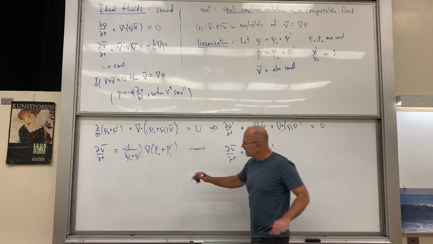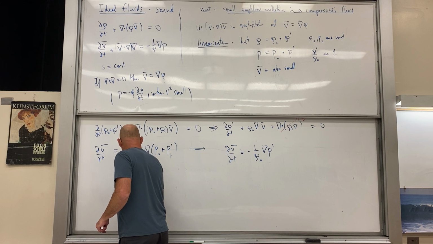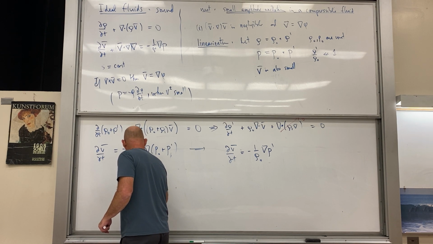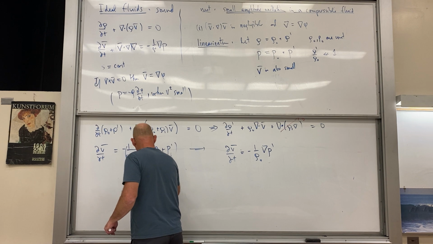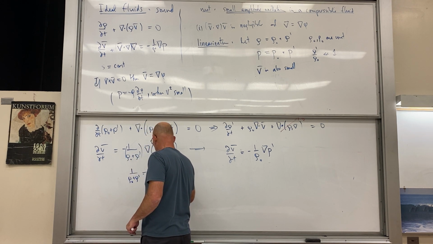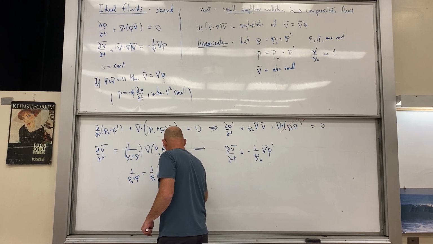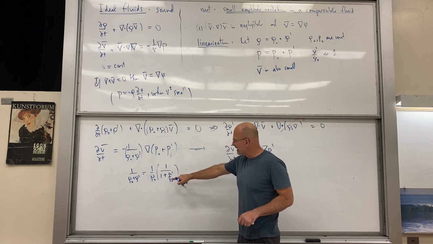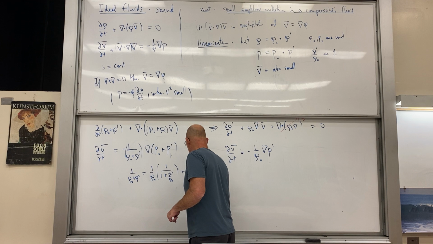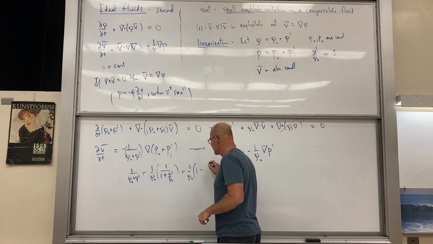If you wanted to do a fancier expansion, you could do 1 over rho 0 plus rho prime equals 1 over rho 0 times one minus rho prime over rho 0.